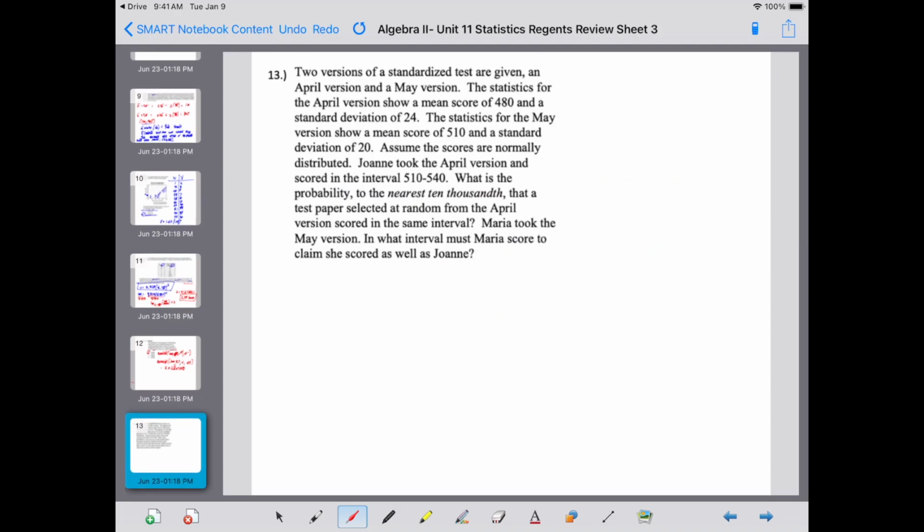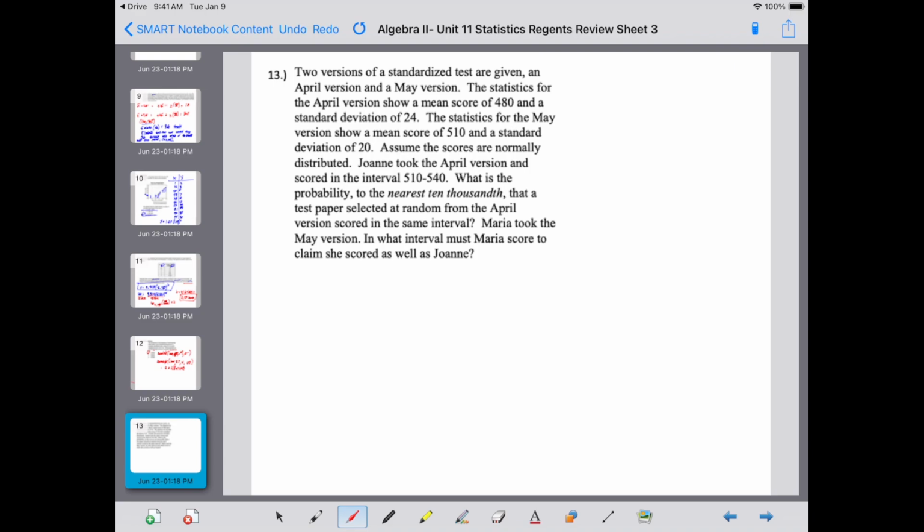Okay. Two versions of a standardized test are given, an April version and a May version. The statistics for the April version show a mean score of 480 and a standard deviation of 24. The statistics for the May version show a mean score of 510 and a standard deviation of 20.